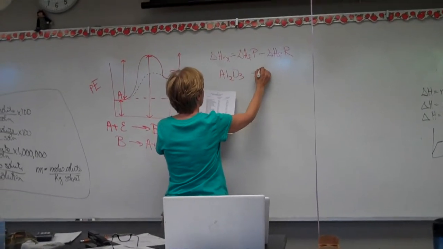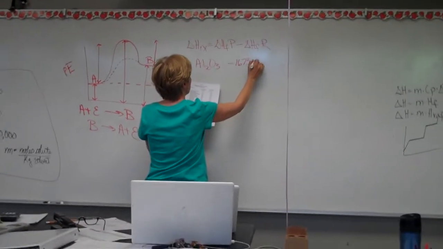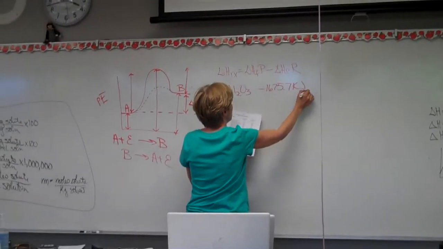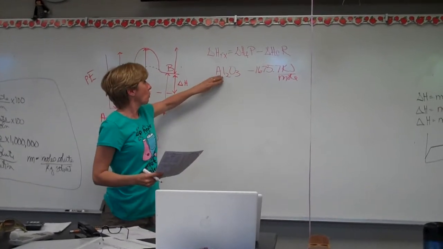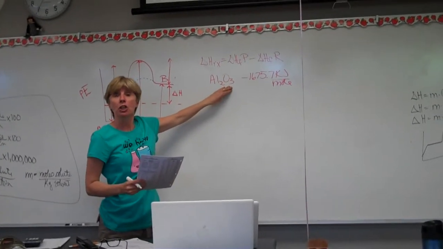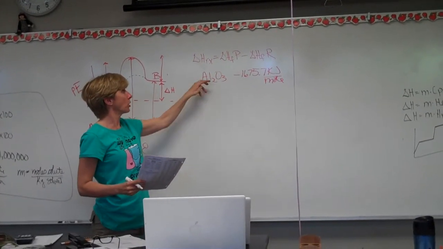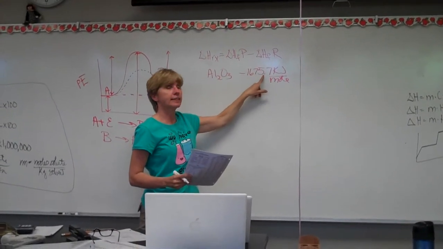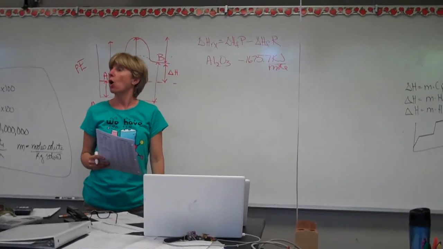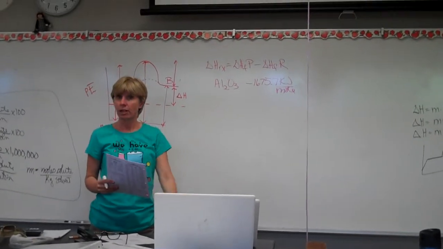Now, aluminum oxide has a heat of formation of negative 1675.7 kilojoules per mole. That means when aluminum and oxygen combine to form 1 mole of aluminum oxide, 1675.7 kilojoules of heat are released. Ready?